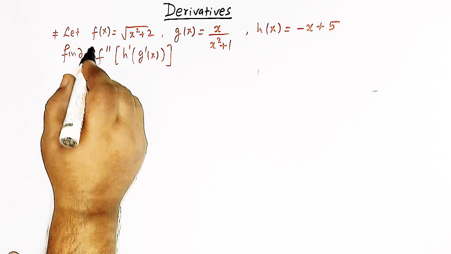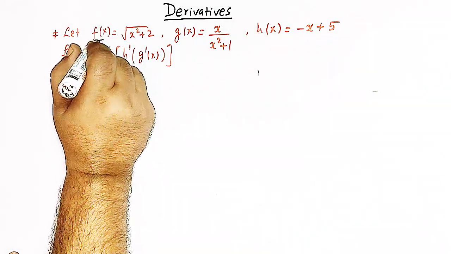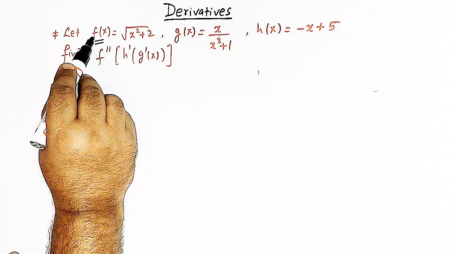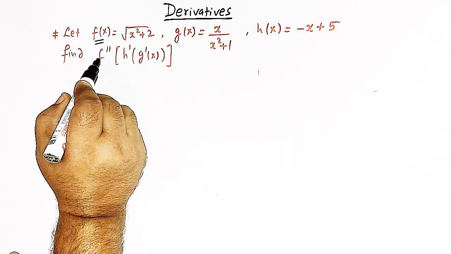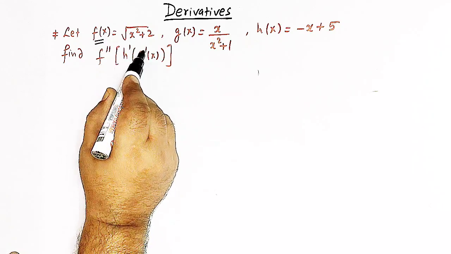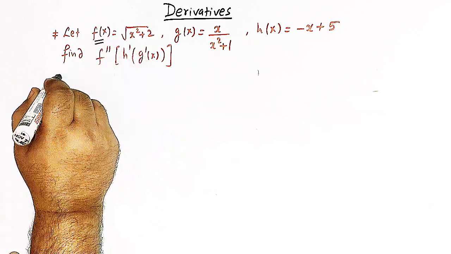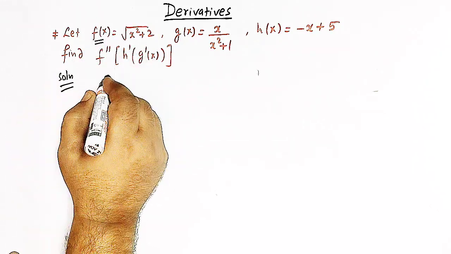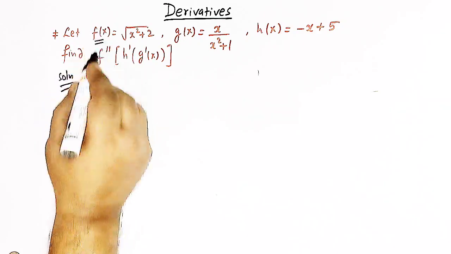So here let us first find out the second derivative of f of x. See, here we have f double prime of h prime of g prime of x. So let us first find the first derivative of f of x.